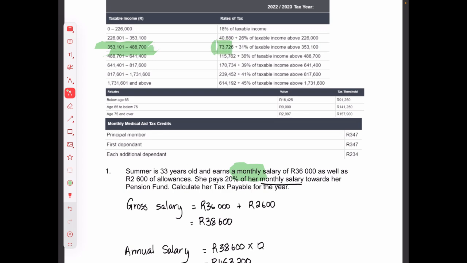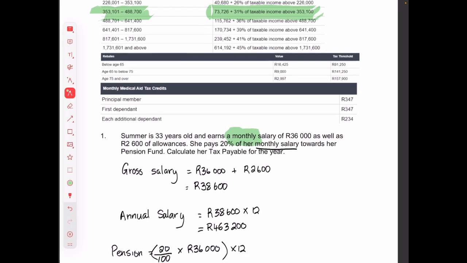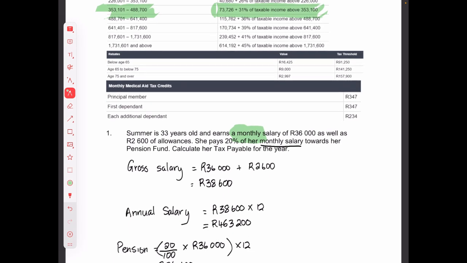And so we're going to write that part out. So here, I'm going to write 73,726 plus 31% of the amount above.